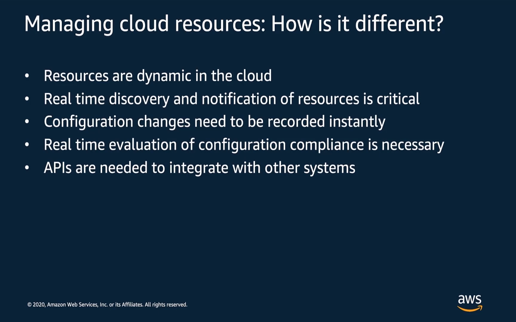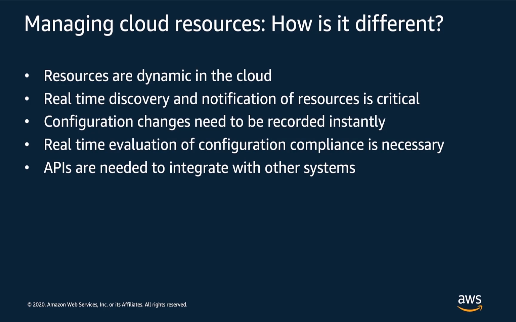You can't just rely on nightly jobs to discover these new resources in your account. You end up needing real-time discovery of new resources, as well as real-time recording of changes to your existing resources, so your incident and change management processes have all of the up-to-date and accurate information at any given time.